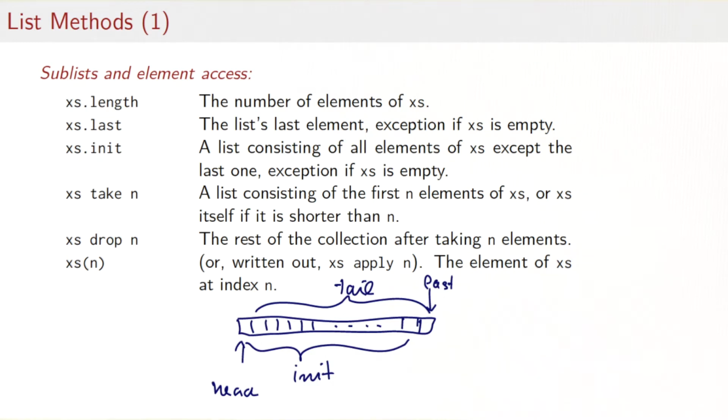And finally, we can also select into a list that's written xs of n, where n is an index, and that's expanded as usual to a call of the apply method of lists. So alternatively, we could also write xs apply n, they're the same thing, and that would give you back the element of xs at index n, where as usual indices are numbered from 0.